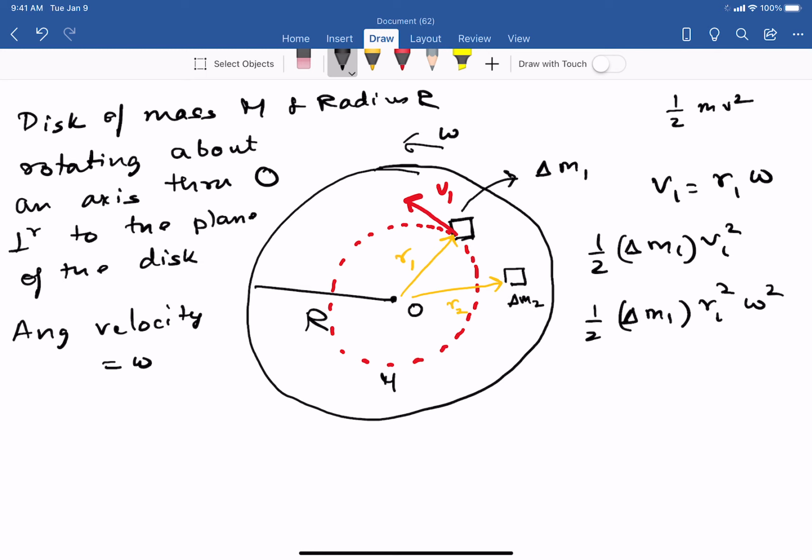So what is the kinetic energy of the entire disk going to be? For that, I'd have to break up the whole disk into segments like this, calculate the kinetic energy of each segment, and add them all up. So the total kinetic energy of the entire disk would be the sum of all of these: half delta m1 v1 squared plus half delta m2 v2 squared and so on.